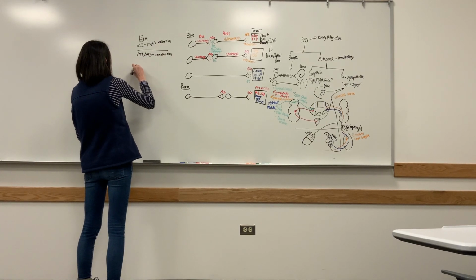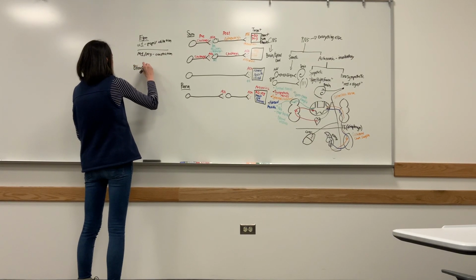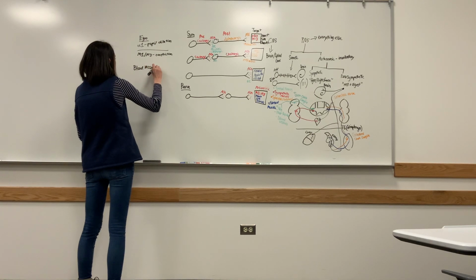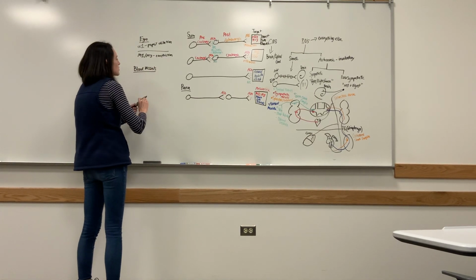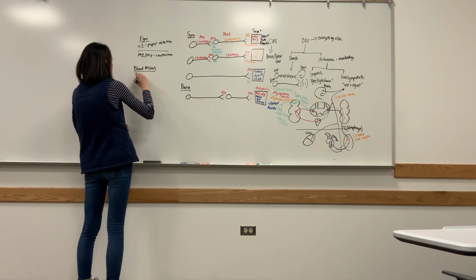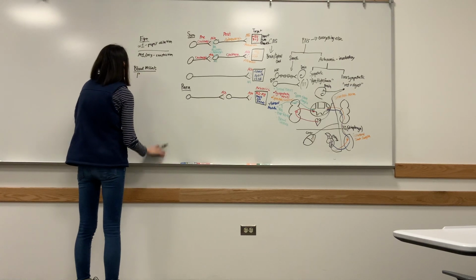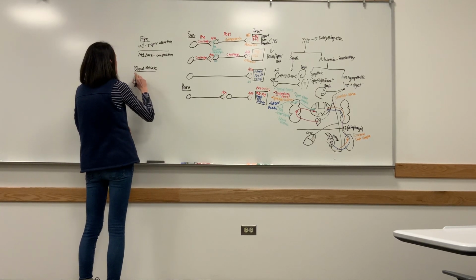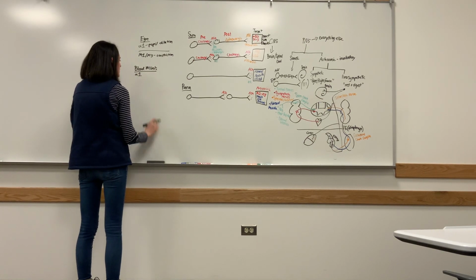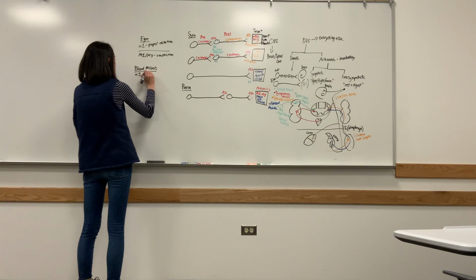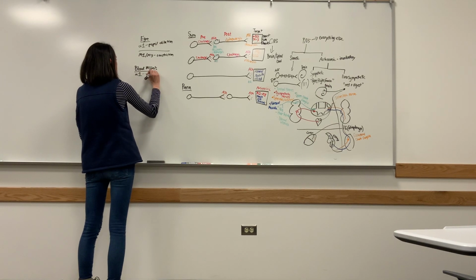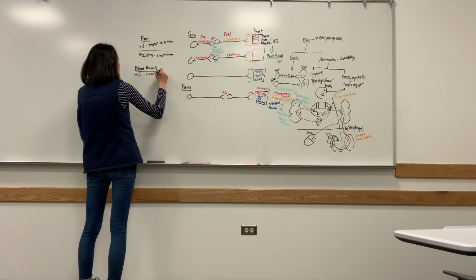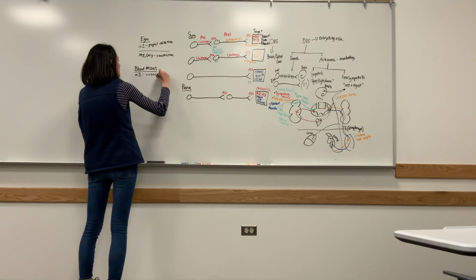The second organ is blood vessels, which is going to be alpha-1, which is responsible for vasoconstriction.